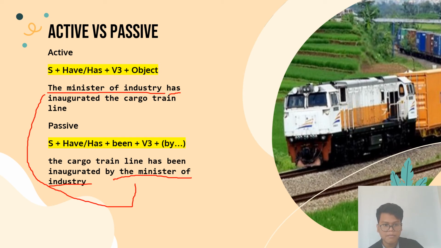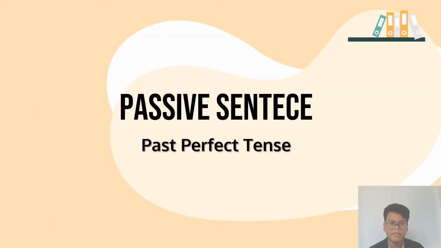Same for the passive, the cargo train line is singular, so we use has. Don't forget to add been in the passive sentence. Okay, I hope you understand.